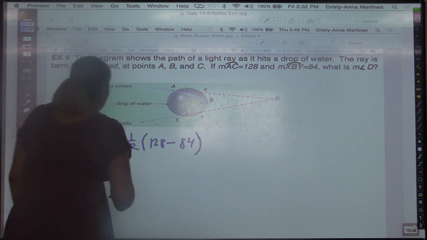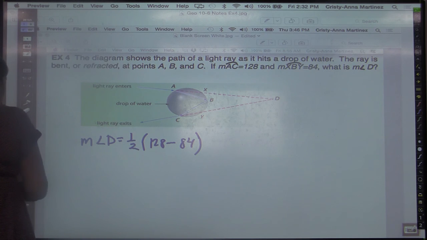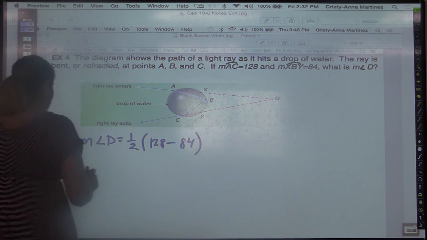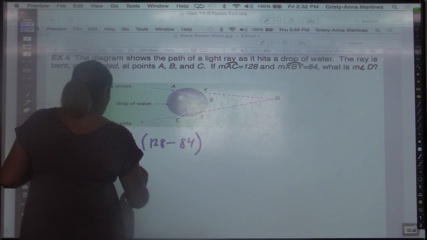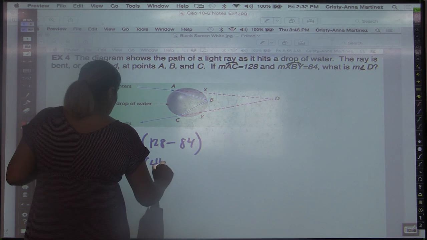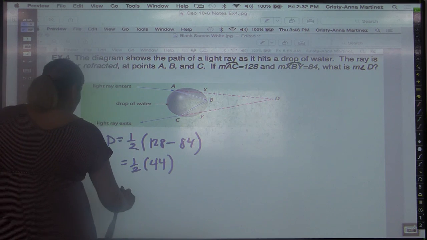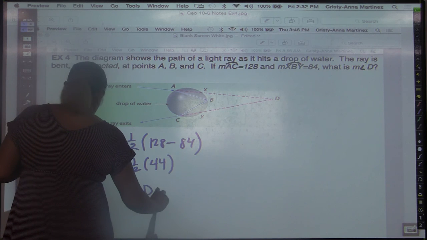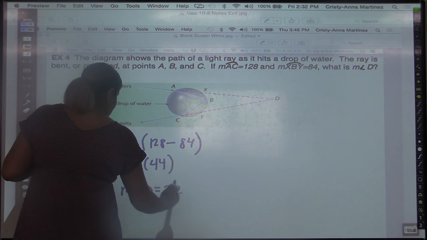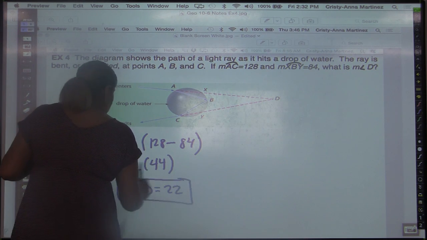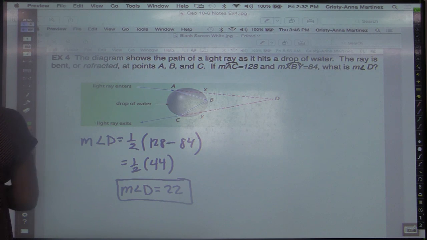So not really complicated. 128 minus 84 is 44. And then if we take half of 44, we get that the measurement of angle D is 22 degrees. And there you go. That is example 4 for you.